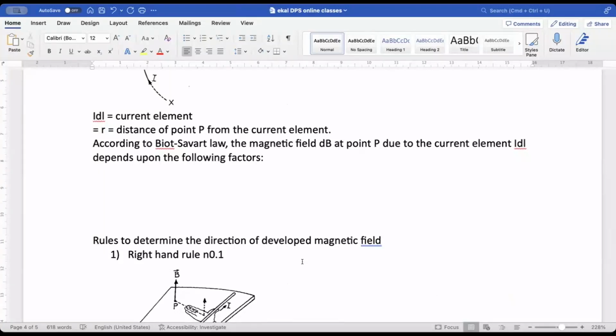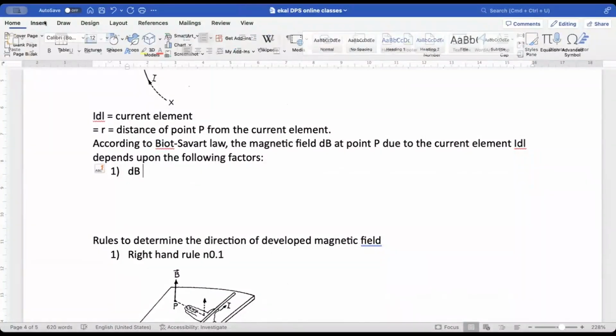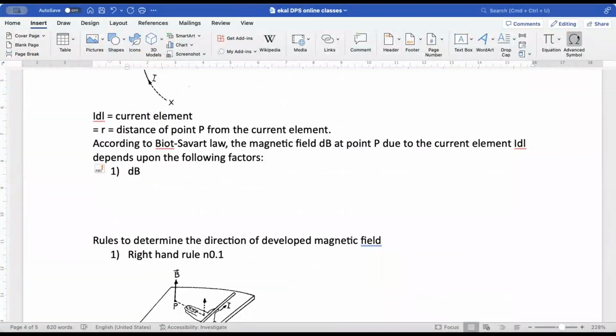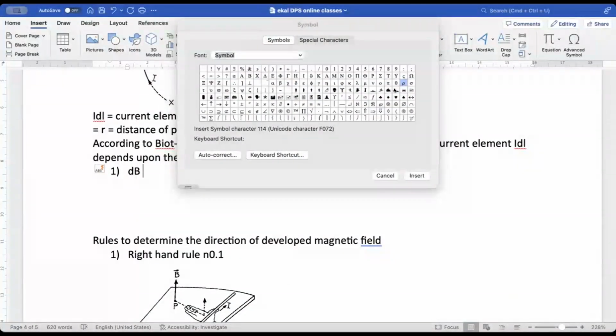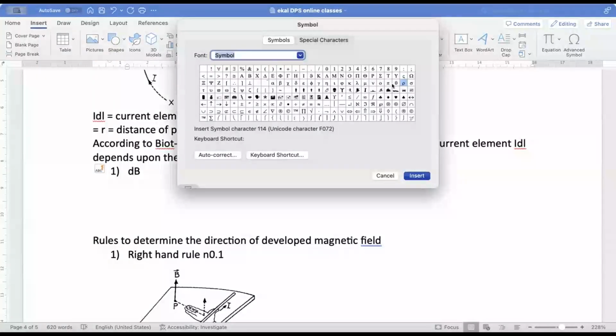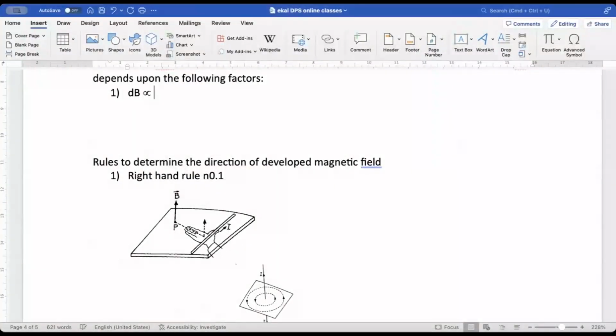So first, it is directly proportional to the current through the conductor. dB is directly proportional.